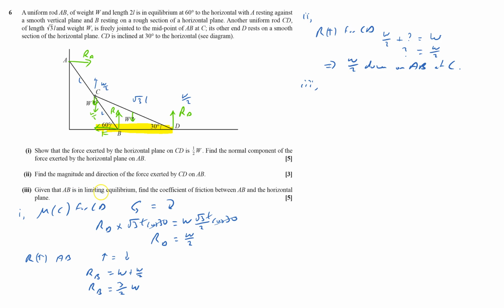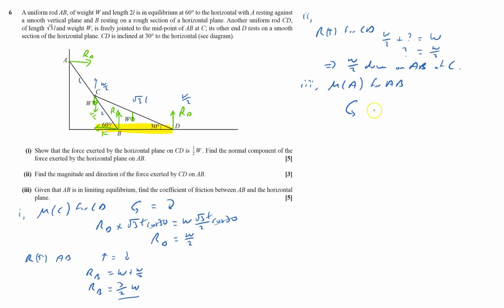Given that AB is in limiting equilibrium, find the coefficient of friction between A and B. So I need to find out this F. I know what this RB is: RB equals 3 over 2 W. I've already got that bit. So I need to find out what F is, and therefore I'm going to need to take moments about A for AB.